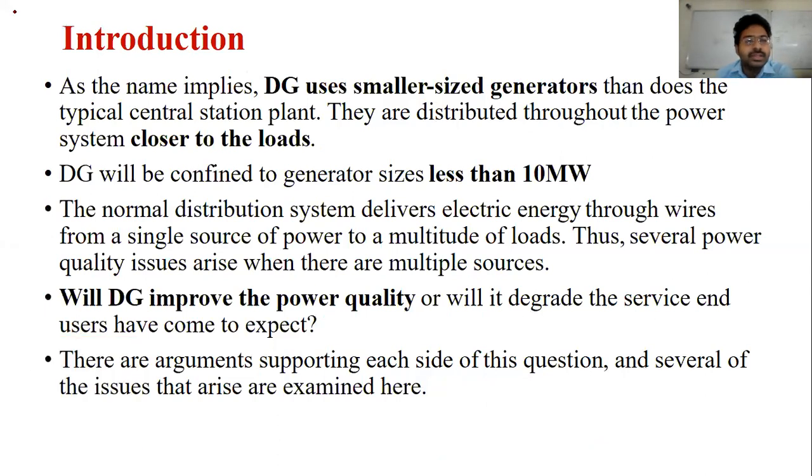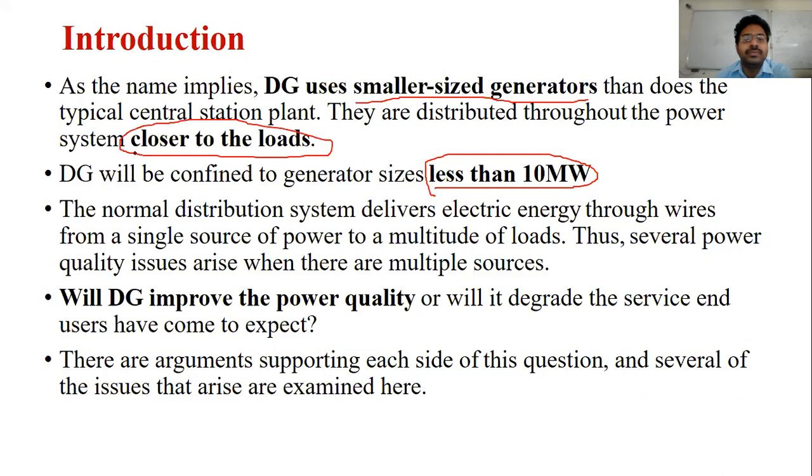In the last class we already saw what DG is. Remember, DG is nothing but a distributed generation. They are small size generators, less than 10 megawatt, located closer to the load locations.